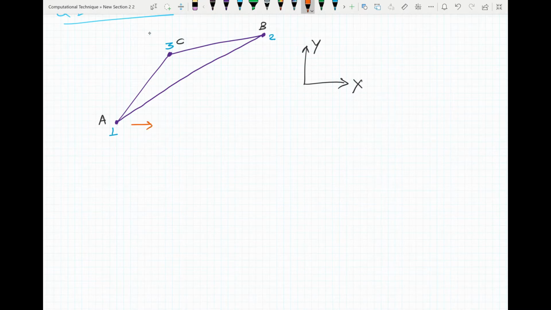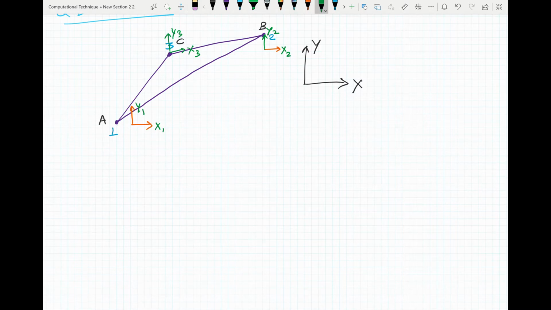Let's say we solve this problem and we obtained our solution, X1 and Y1, here X2 and Y2, and this X3 and Y3, under certain loading conditions.